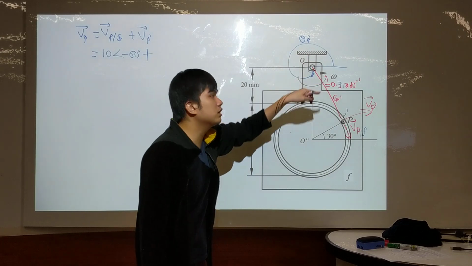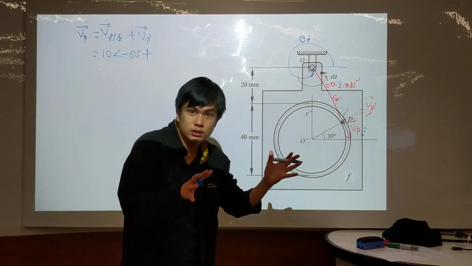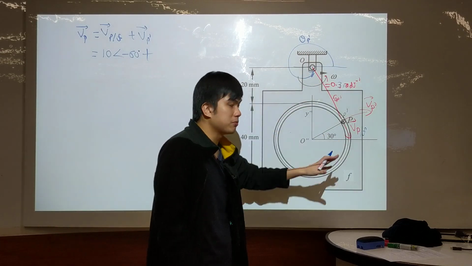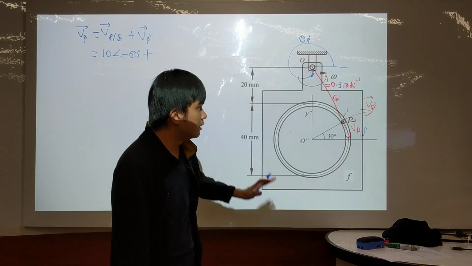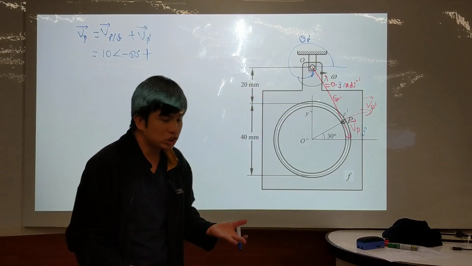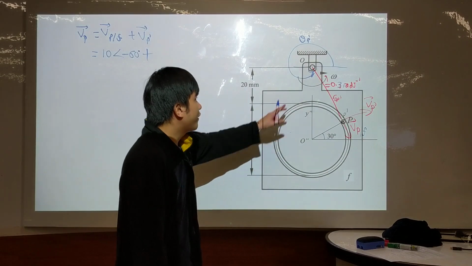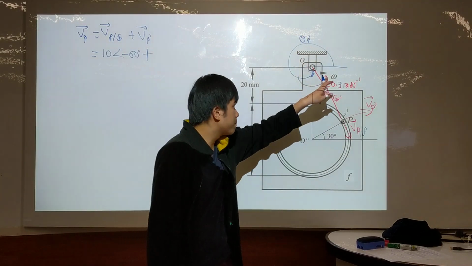This angle can be found through your geometrical analysis. You can just find it using geometrical methods based on the equation, based on 20 and 40, and do some manipulation using tangent and stuff like that. You can find this angle theta P prime here.